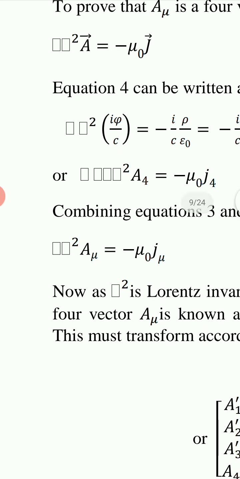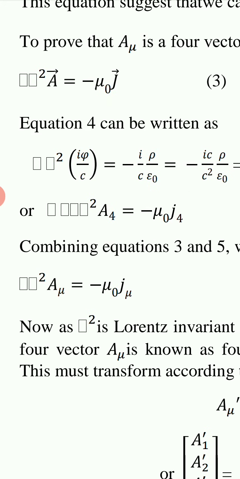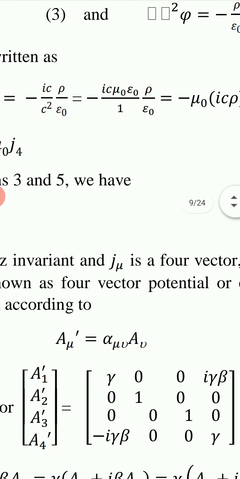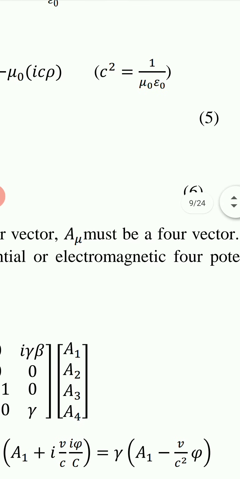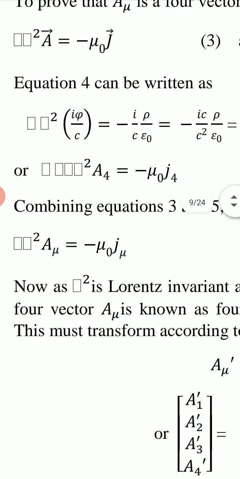First three components are in this equation 3, del square A equal to minus mu 0 J, while fourth component is in equation 5, del square A4 equal to minus mu 0 J4. These two equations 3 and 5 now become del square A mu equal to minus mu 0 J mu.